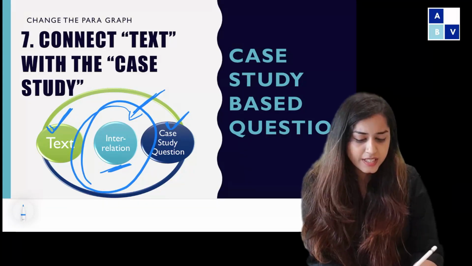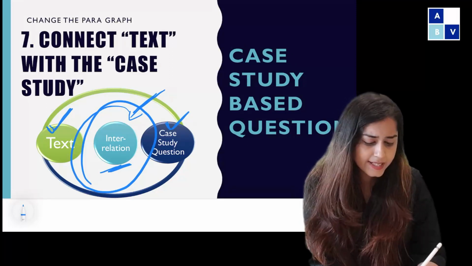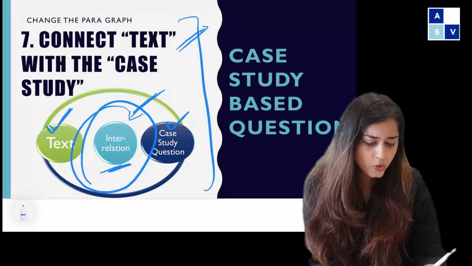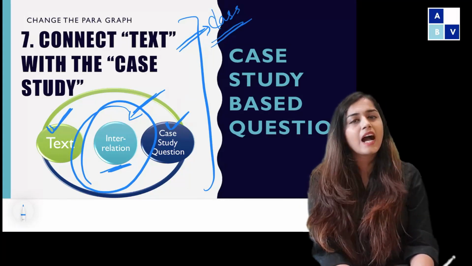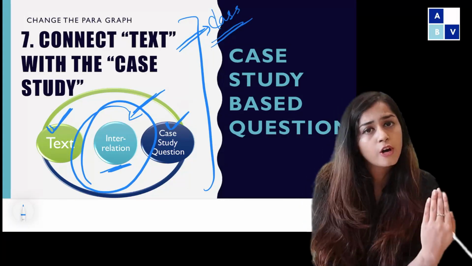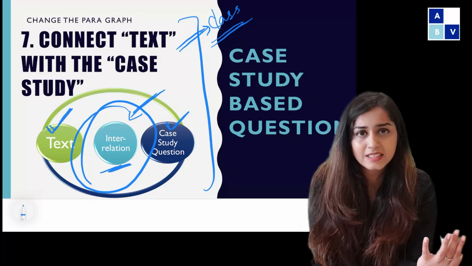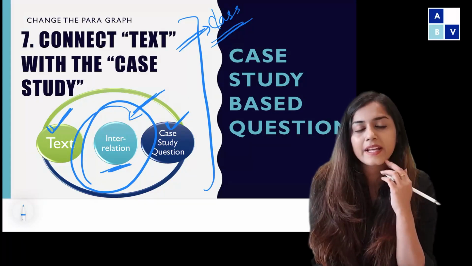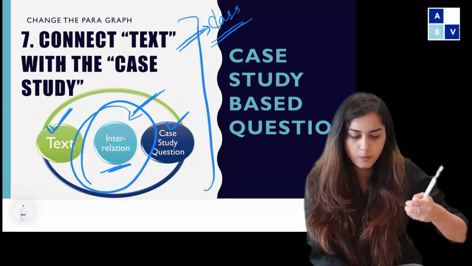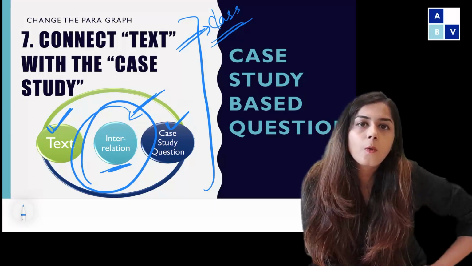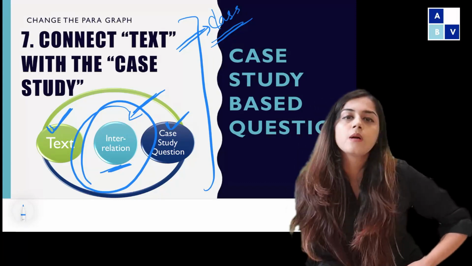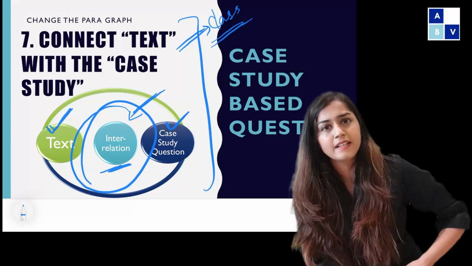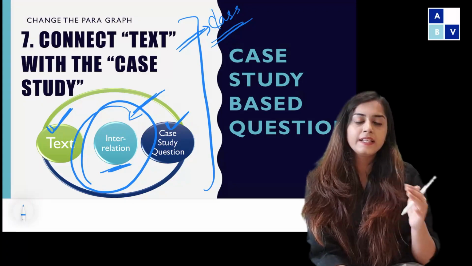Generally this part is dealt with in class as well. You can't expect me to create an interconnection as of now, but I do it for case study based questions in my classes. Generally this is dealt with in classes, so I can't explain it well on YouTube at this point of time. So the next is your interconnection. If you're talking about any section or any standard, then please create an interconnection.